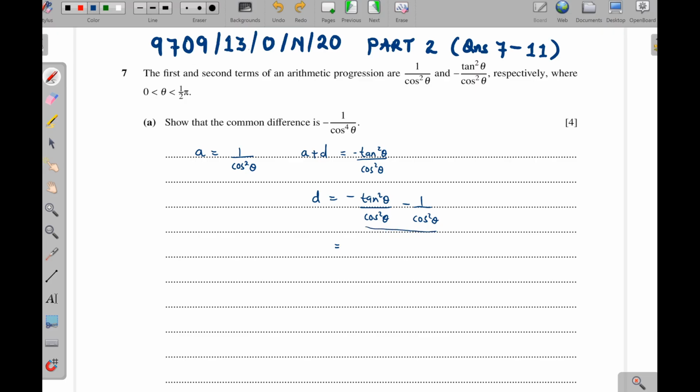So here we are having the same denominator. So you will have negative tan squared theta, then minus 1, then out of the cos squared theta.